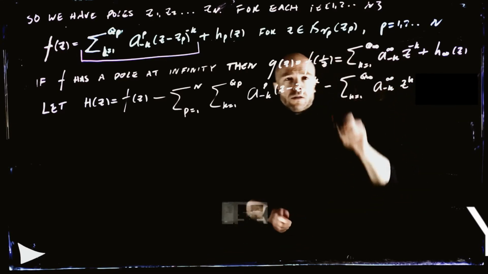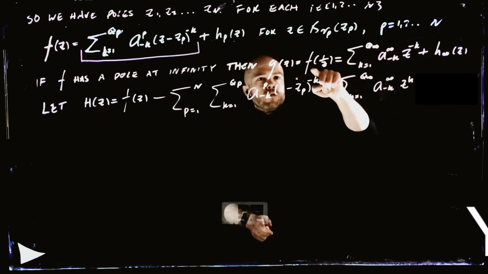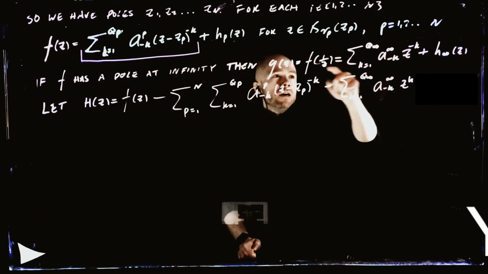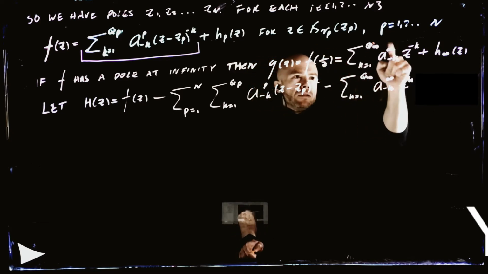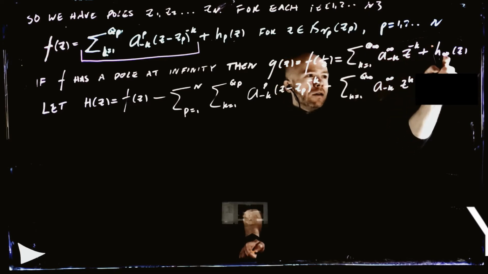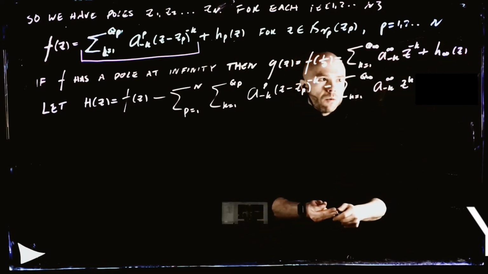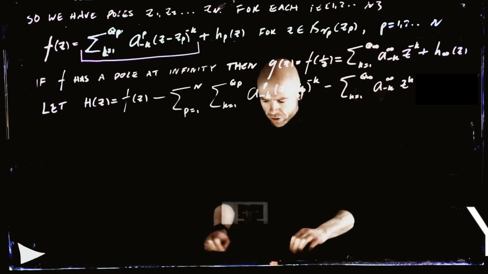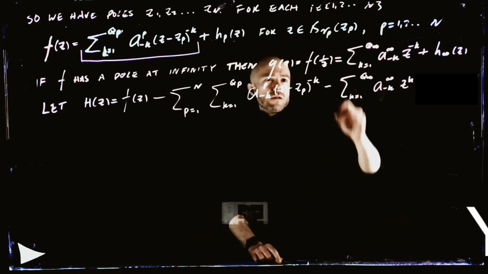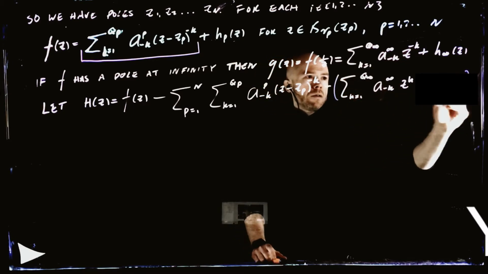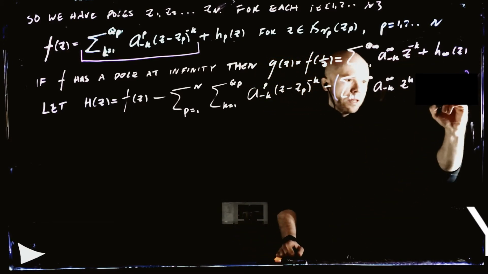So all I've done here is I've written what we would have if we replaced, let's use a different letter, if we replace 1 over z by zeta, then this thing would be the sum of zeta to the k, h_infinity of 1 over zeta. Yeah? That's all I've done here, because I want to strip away the pole at infinity too. So let me just outline that this thing comes from this thing here, the pole at infinity.